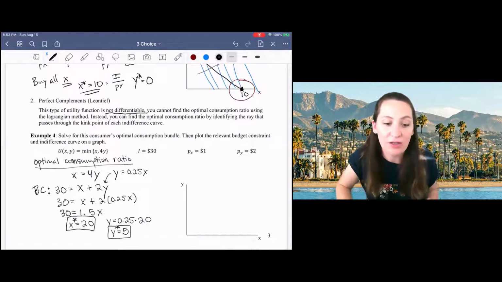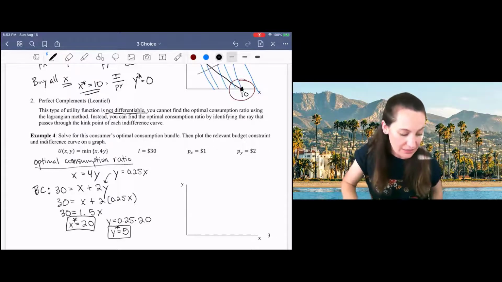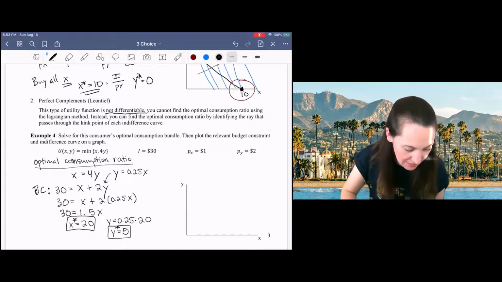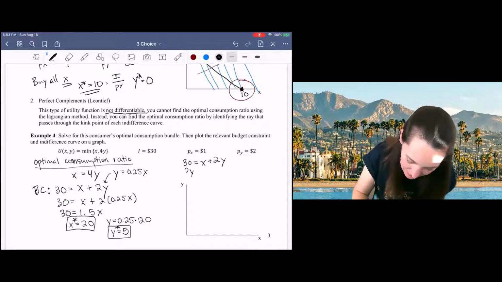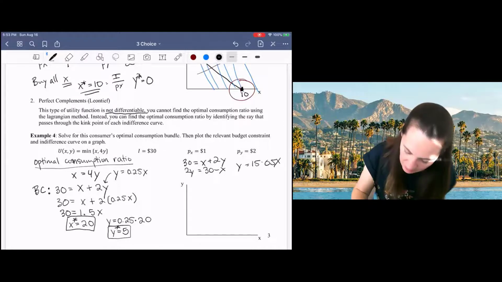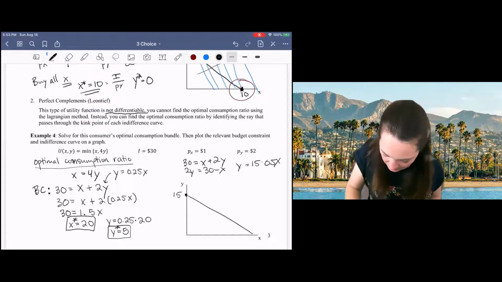And then to show that on the graph, what I can do is to draw my budget constraint. That's always the best way to start. So let's rearrange our budget constraint to be a function of y. So 2y equals 30 minus x. Y is equal to 15 minus 0.5x. And 30.